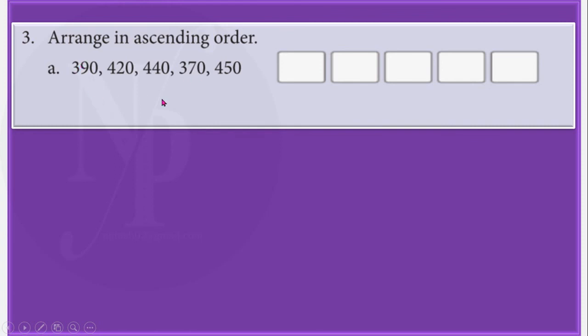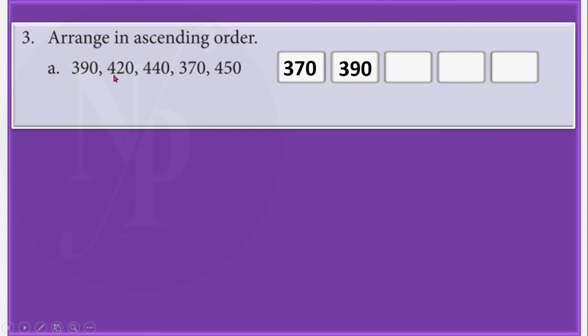On comparing these two, we find that 370 is the smallest among the given numbers. So we should write 370 in the first box here. And then leaving this, the next smallest number is 390, that comes to the second box.